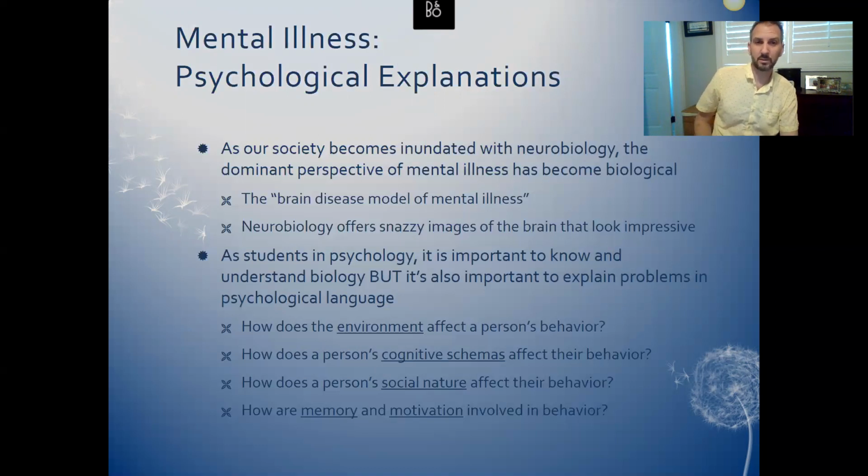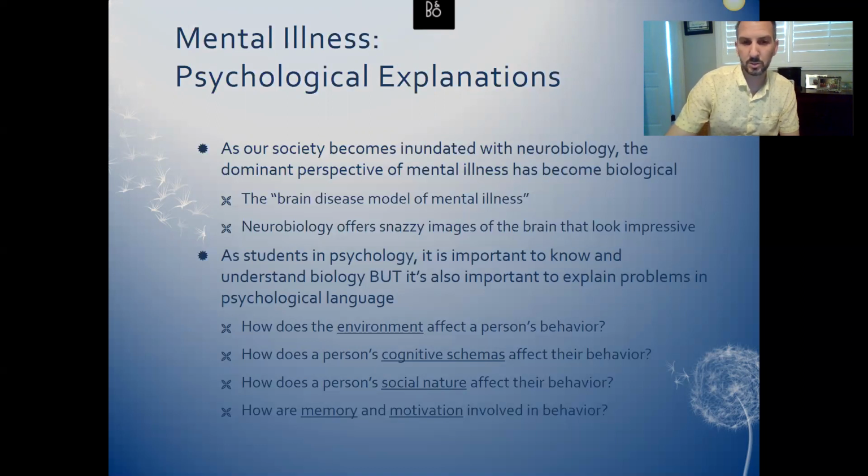Now, the neurobiology offers snazzy images of the brain that look impressive, but as students in psychology, it's important to know and understand biology. I'm not taking away from that at all, but it's also important to explain problems in psychological language and to explain how the environment affects a person's behavior.